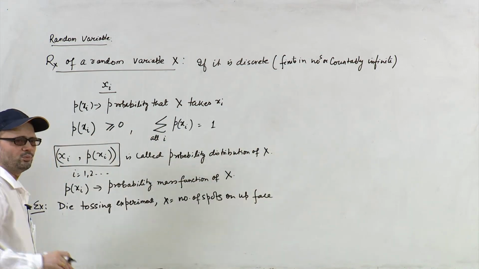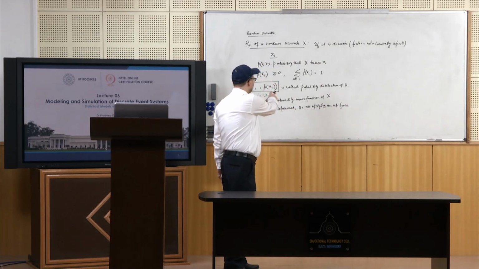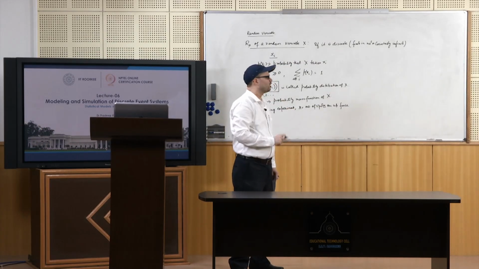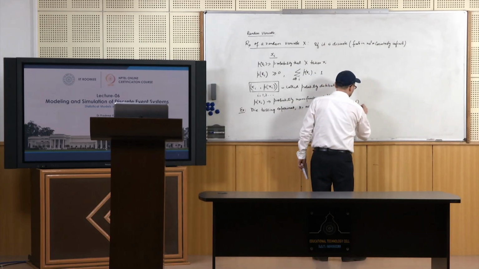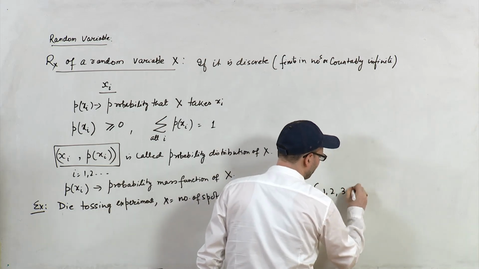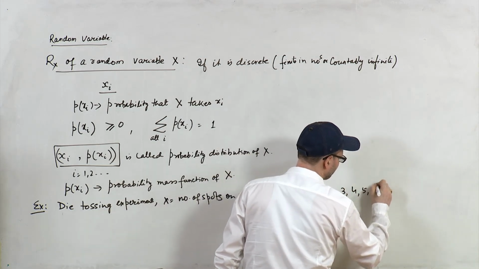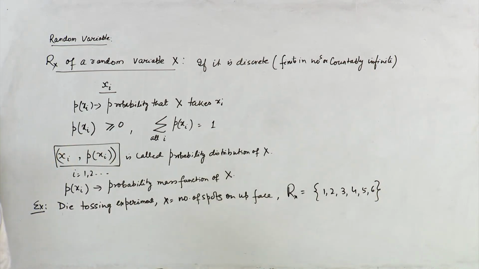So, we suppose we do a die tossing experiment, and if x is defined as the number of spots on the up face, then as we know Rx varies over 1, 2, 3, 4, 5 and 6. So, this is a discrete random variable.